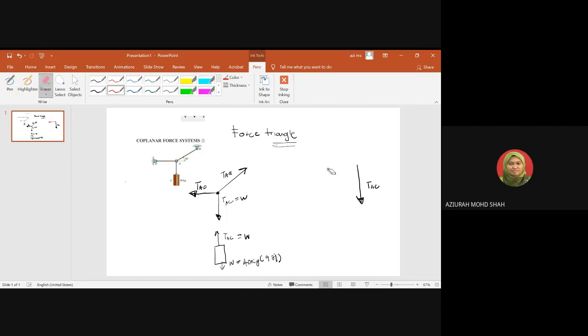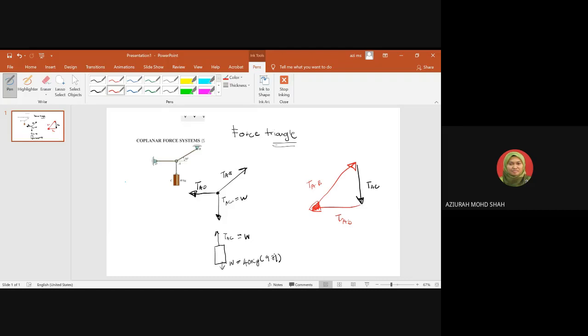Patutnya, yeah, head to tail. TAD. Then you can connect to TAB. So we have head to tail, head to tail, head to tail.